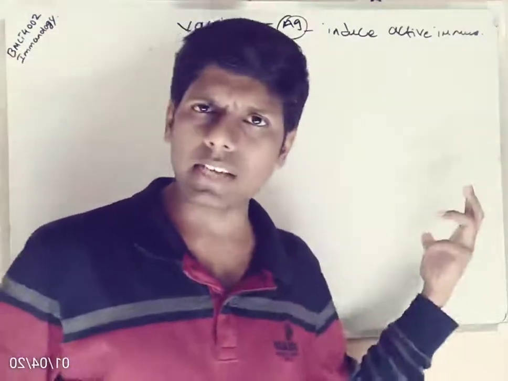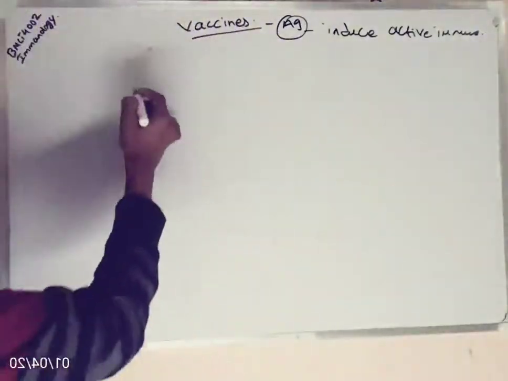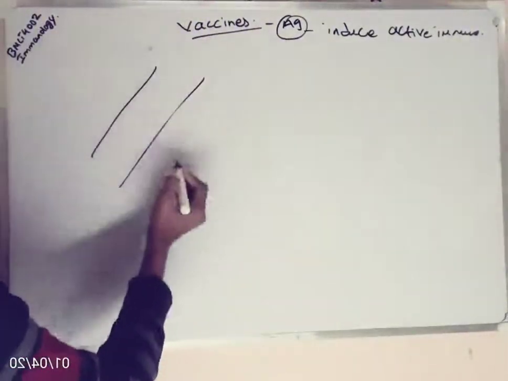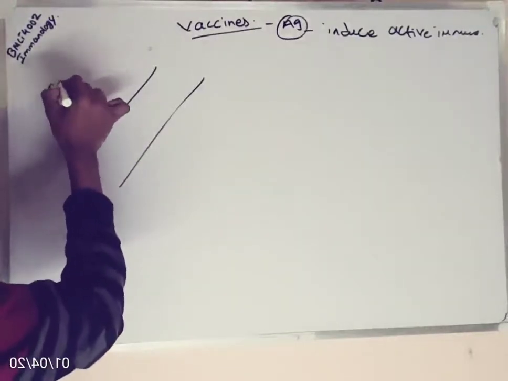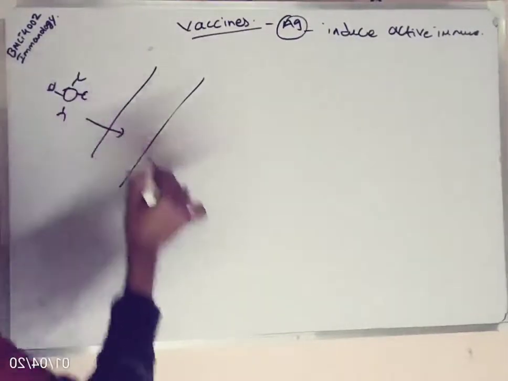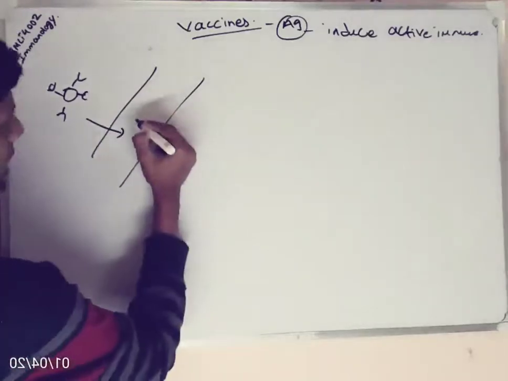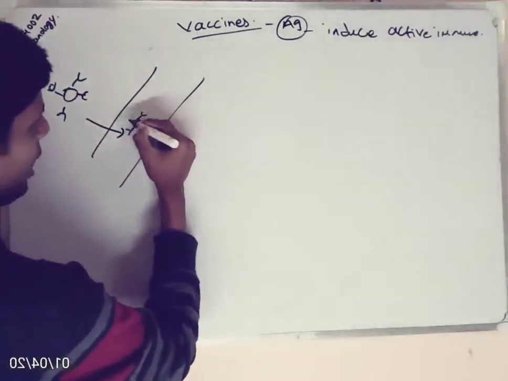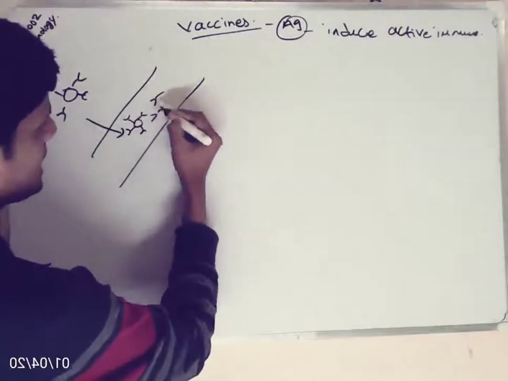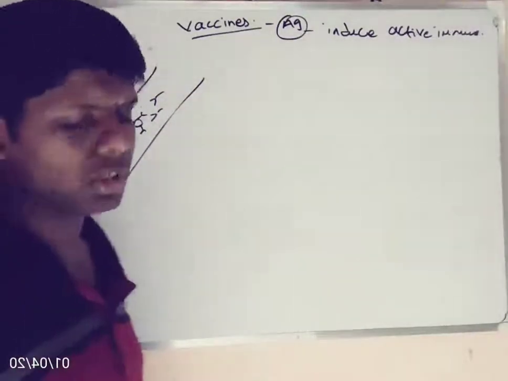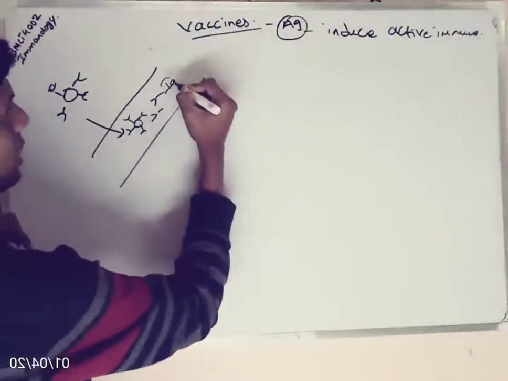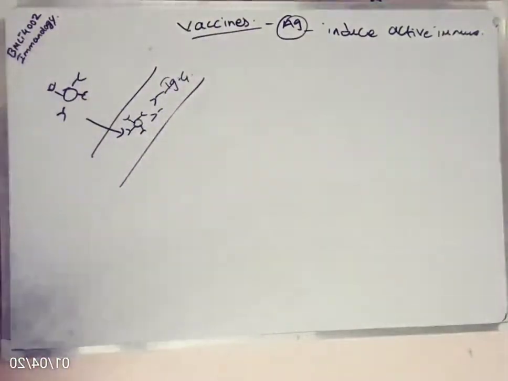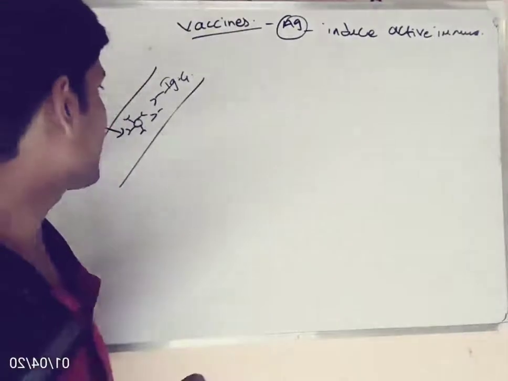So what happens exactly in our body? So this is the body, then this is a blood vessel, and say for example coronavirus has entered into the blood system. Immediately after getting any virus, our body will start developing antibodies against it. It will take some time to develop antibodies, and once immunoglobulins, IgGs, are developed, our body will become immunized to corona, right?